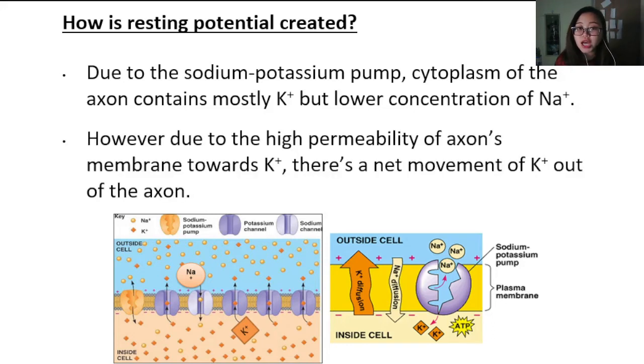However, due to the high permeability of axon's membrane towards potassium ions, there is a net movement of potassium ions out of the axon. Maksud ayat kedua ini disebabkan membrane axon ini mudah untuk potassium ion keluar, high permeability. Then there is net movement of potassium ion out of the axon, means banyak net movement dia akan tunjukkan potassium ion ini akan keluar daripada sel.